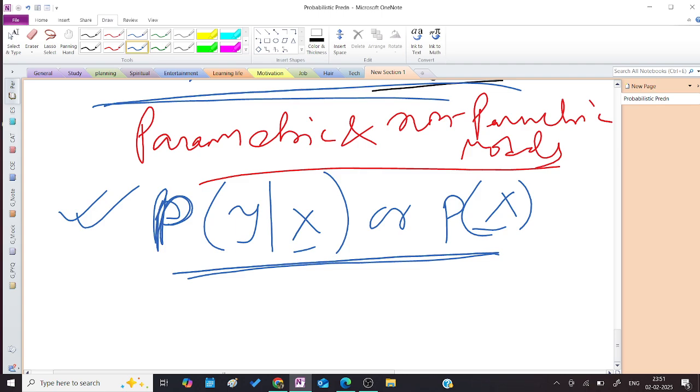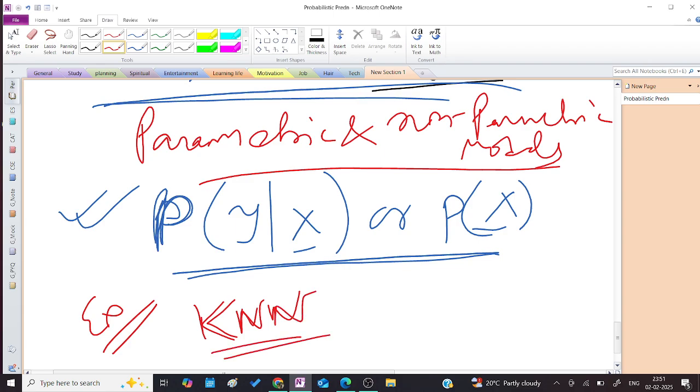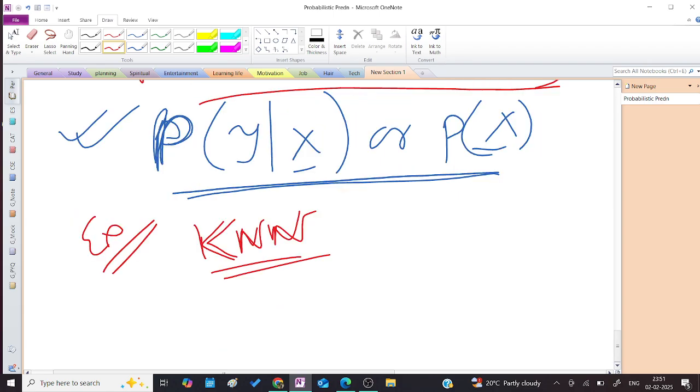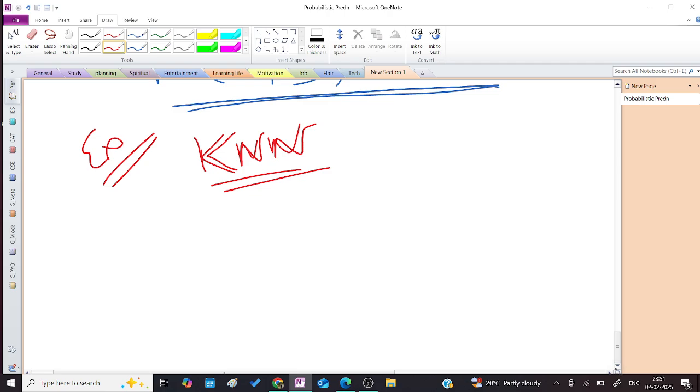So let me give you one example. KNN. Okay, you all may have some basic idea about KNN. This is known as K nearest neighbor.